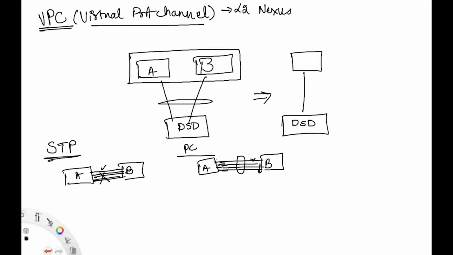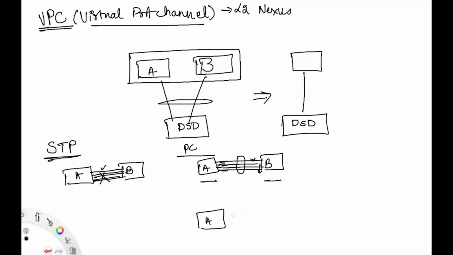But the limitation of port channel is that whenever you're aggregating these links, the port channel can be created only between two devices, like for example, A and B. Only between them can I aggregate these links into a port channel.